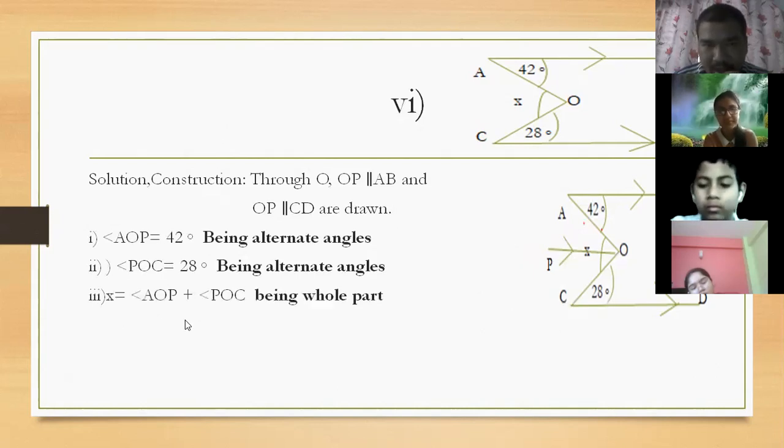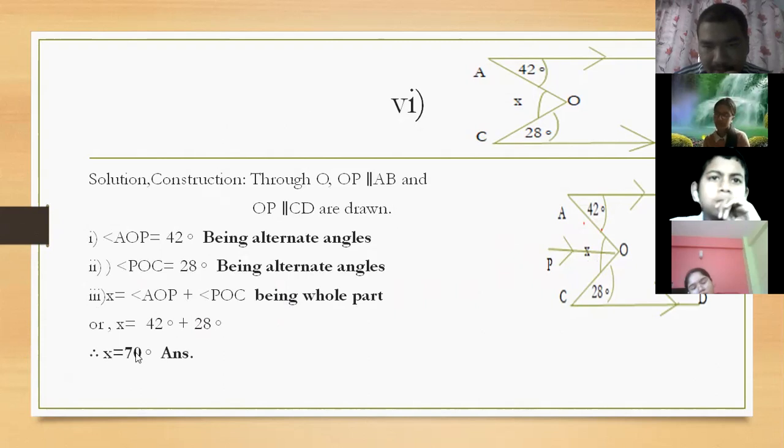Then they will be equal. After that we have to find X. X equals the upper angle plus the lower angle, by the whole part axiom. Then you will get the value of X: 42 degrees plus 28 degrees. The value of X will be 70 degrees.